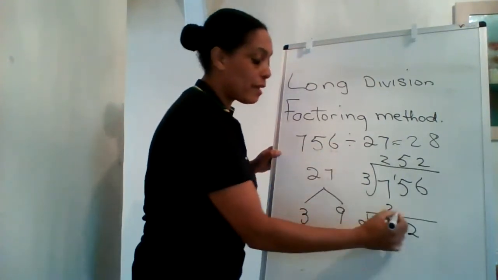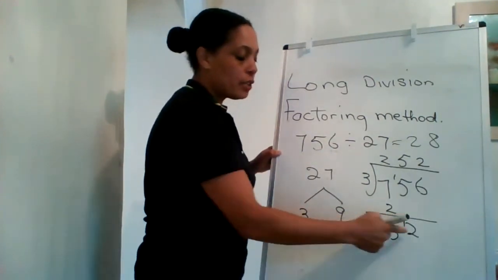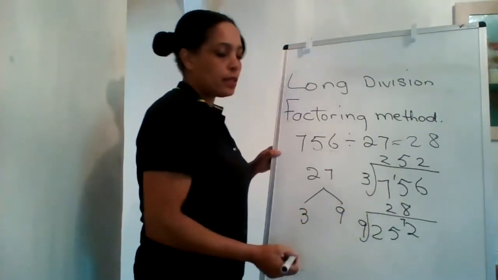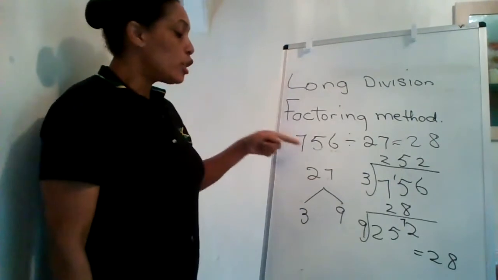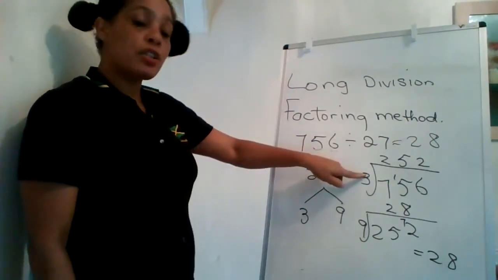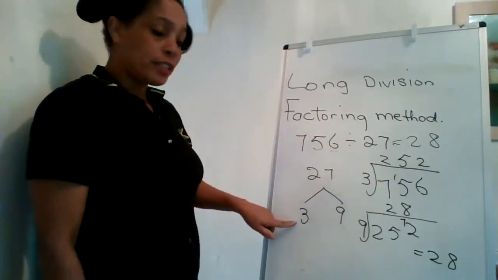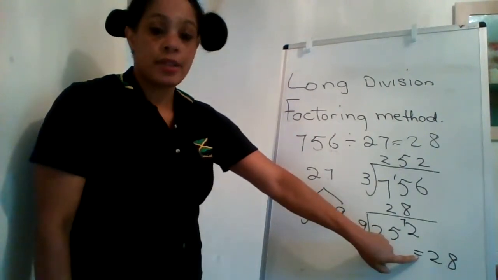I'm going to be left with 7. 9 into 72 is going to give me 8, so my answer is 28. So just know, doing my single digit method and my factors, I can divide to get that.